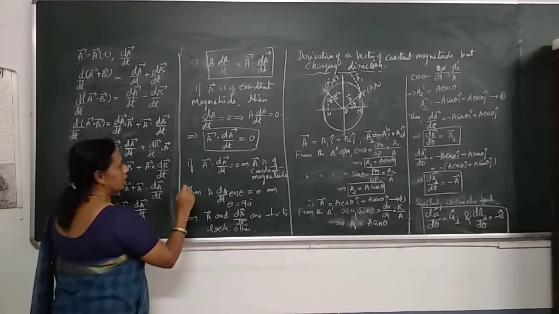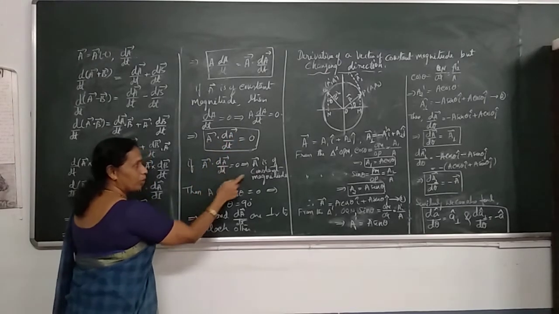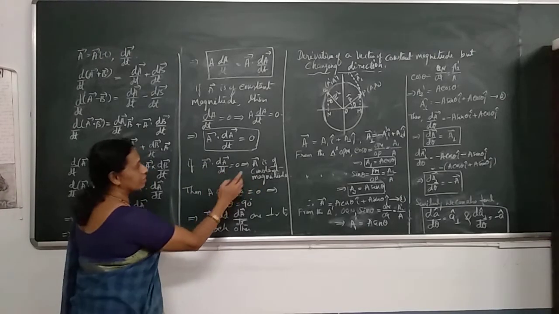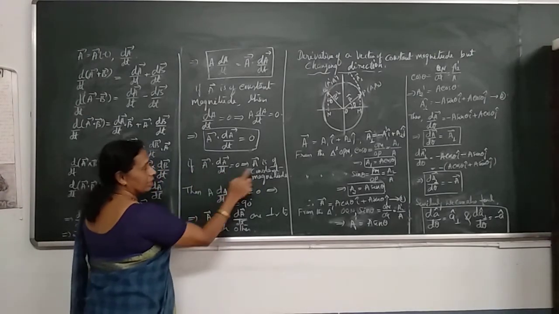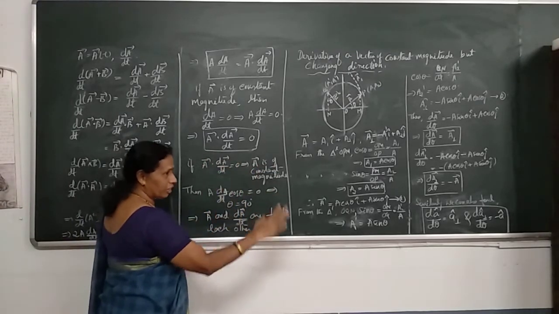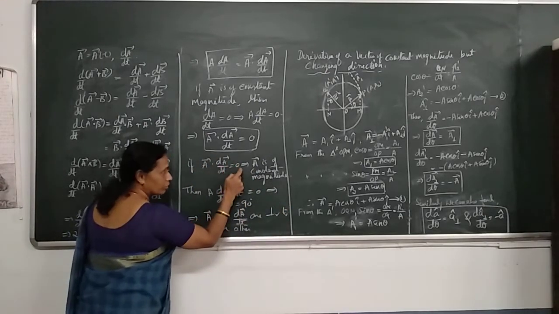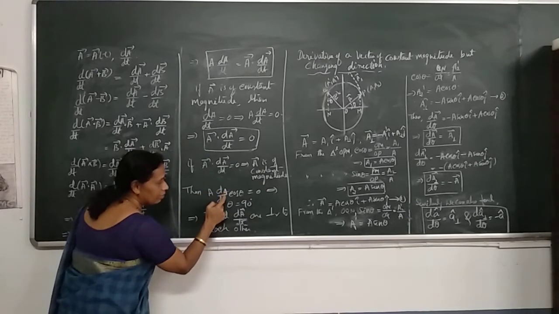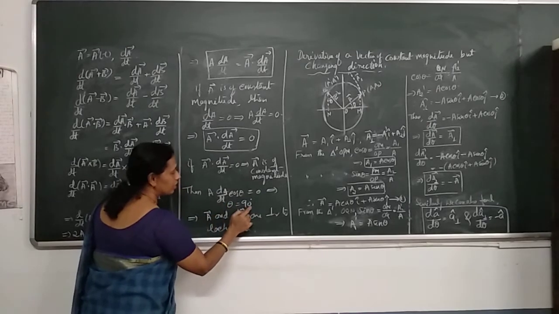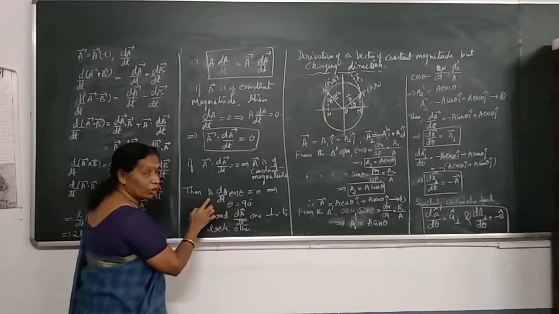And one more thing. If A vector dot dA vector by dt equals 0, that means the dot product of these two is 0, and we are given that A is of constant magnitude. This is possible only when A is of constant magnitude. Now if this is equal to 0, then A dA by dt cos theta becomes 0. This is possible only when cos theta is 0, because A cannot be 0.